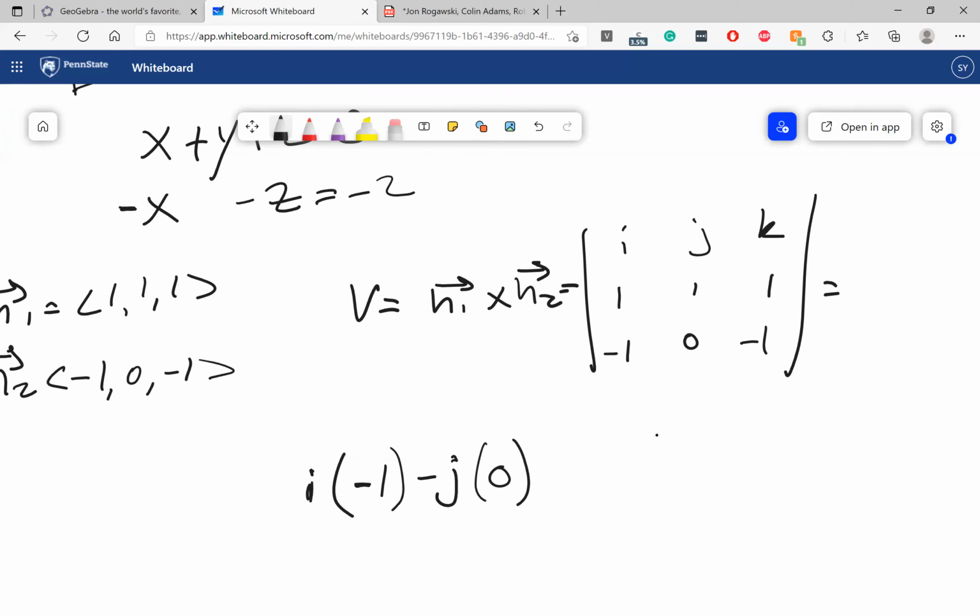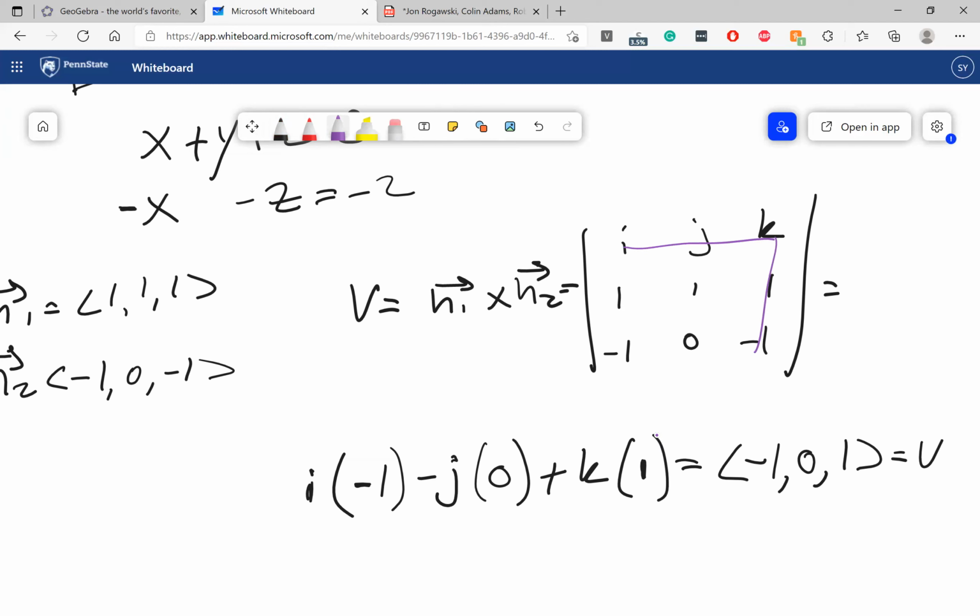And then plus k times 0 minus 1, which is negative 1. So this normal vector is going to be negative 1, 0, 1, and this is your vector v.